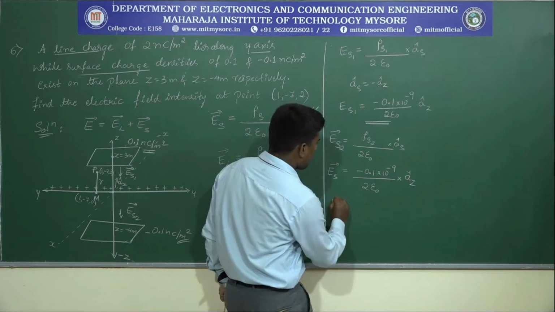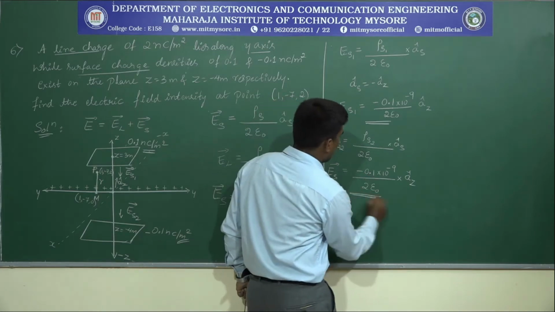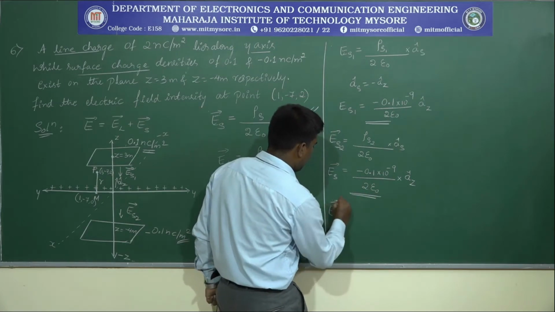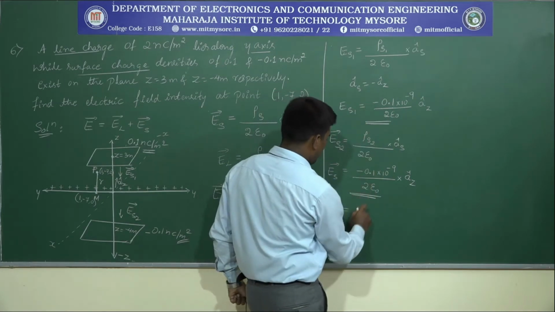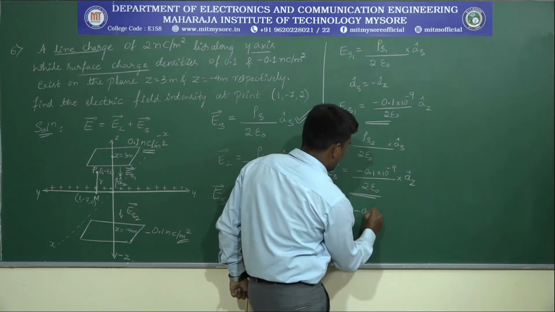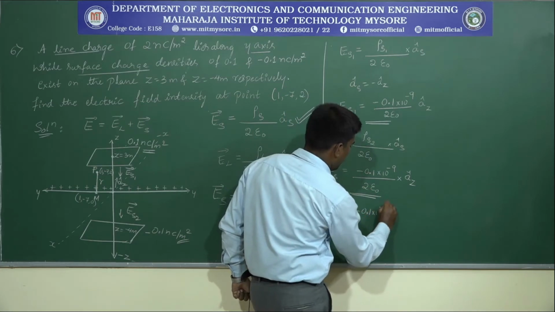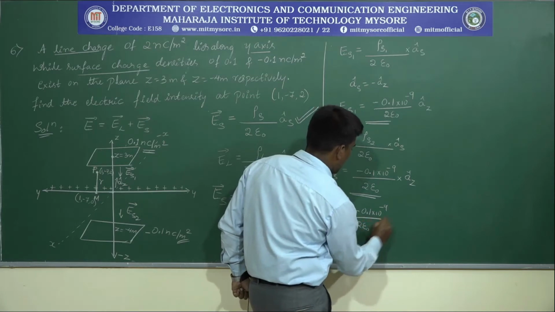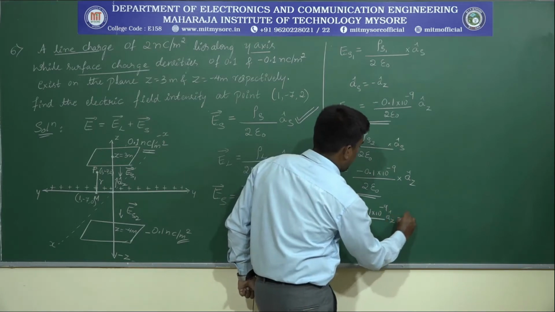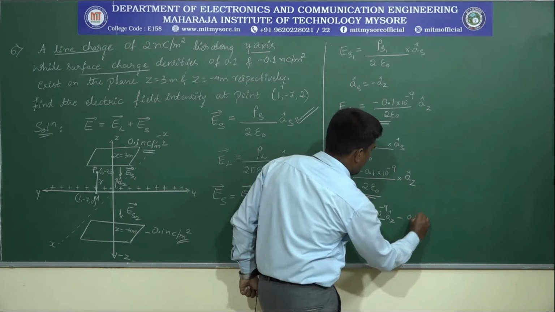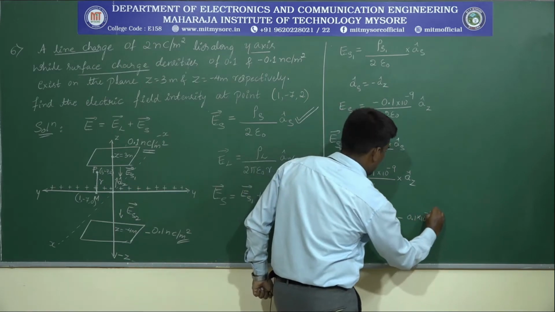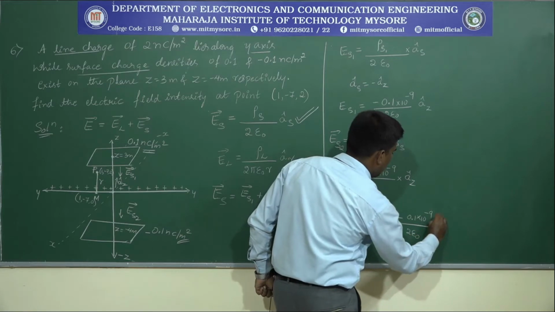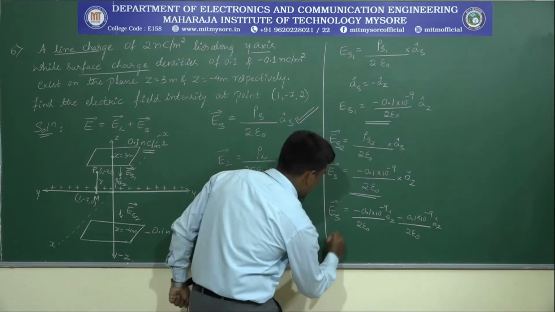Then keep these two equations and try to add. ES is equal to the addition of these two: minus 0.1 into 10 power minus 9 divided by 2 epsilon naught into A cap Z, minus 0.1 into 10 power minus 9 divided by 2 epsilon naught into A cap Z. What is the result?